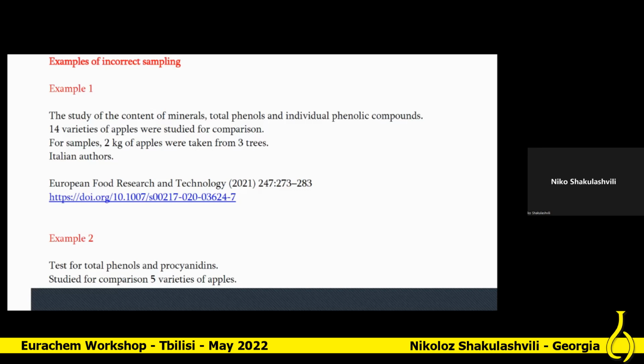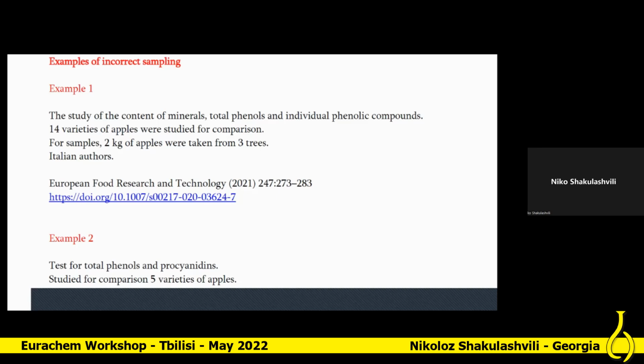For each sample, they took 2 kilos of apples, collected from 3 trees. Is such a sample giving reliable information? Will it give an accurate result to us? I think there are big question marks about it.